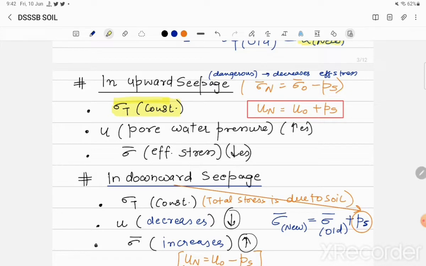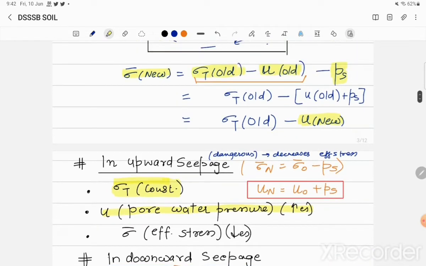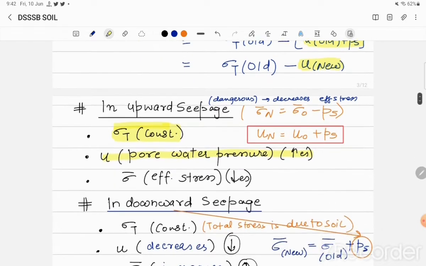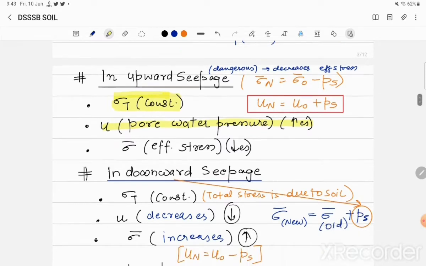The pore water pressure, though, increases, as you can see from this term I am highlighting. U old got an increment of PS, hence pore water pressure increases. You can write U new, the new pore water pressure, as U old, that is old pore water pressure, plus PS, that is seepage pressure.